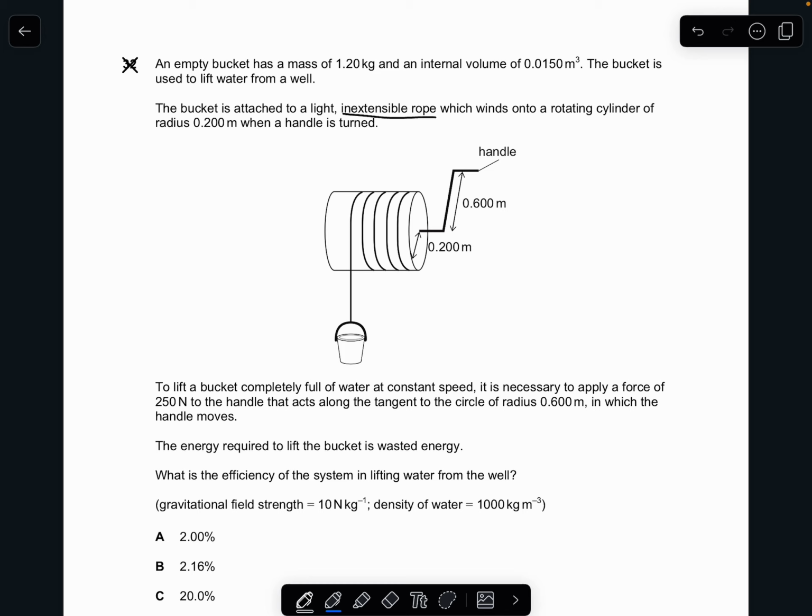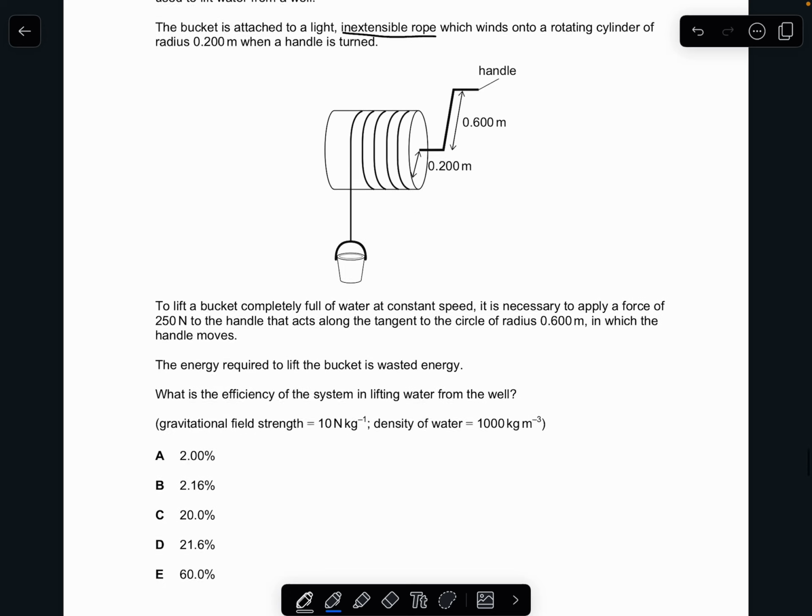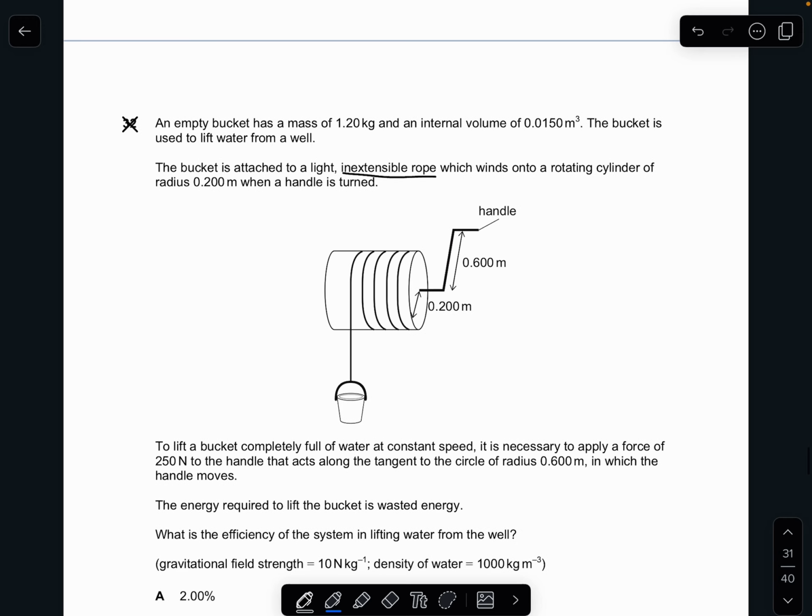Wait a minute. Why don't I just use this?